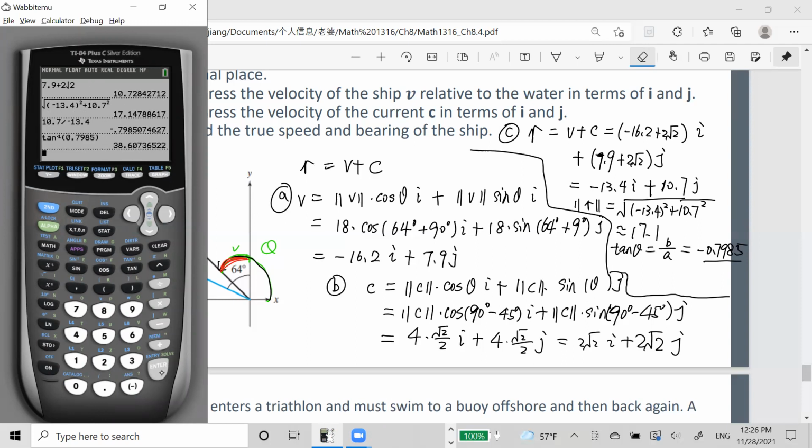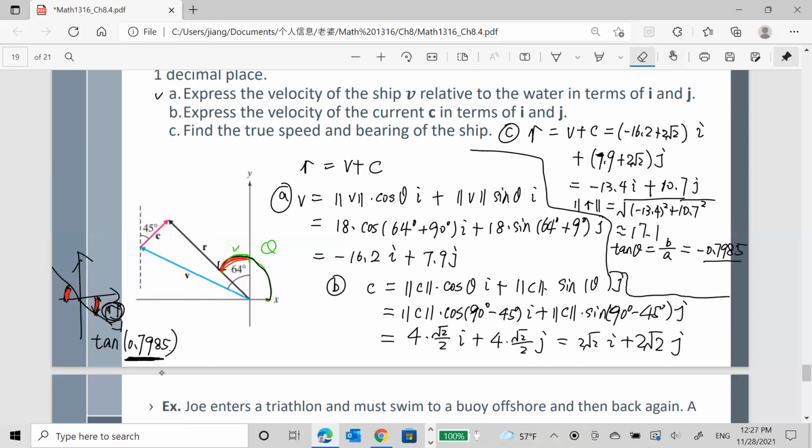This is 38.6. Okay, we are looking for the bearing. Use 90 degrees minus this angle. Let's say this is alpha. So alpha equals 90 degrees minus inverse tangent 0.7985.